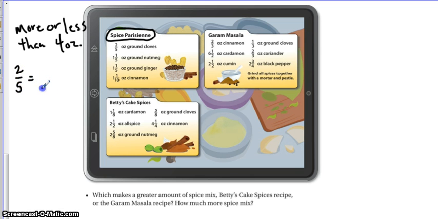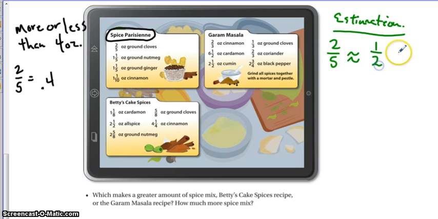And so on our estimation side of the problem, we could change 2/5 to about half, or 0.5. So that's really kind of close to 0.5. And these little squiggly equal signs mean approximately equal to. It's not saying that 2/5 equals a half, but it says that 2/5 is approximately equal to a half. So it's pretty close. So we've taken care of that one.